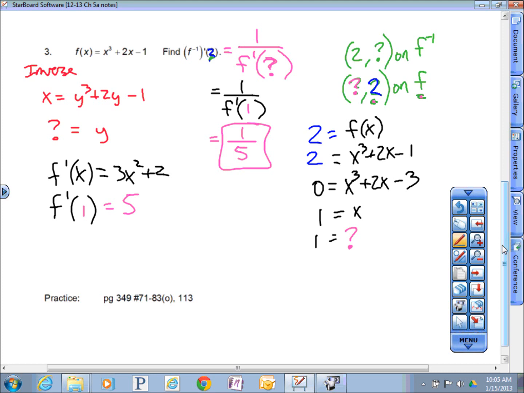This 2 is an x value for the inverse, but it's really a y value for your original function. So set that 2 equal to your original function. Solve for the x value that goes with it. F inverse prime of 2 is the same as 1 over f prime of its partner. And I'd much rather find the derivative of that f function than find it of the inverse function.